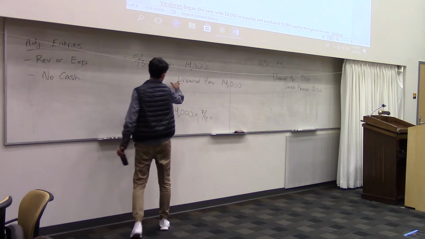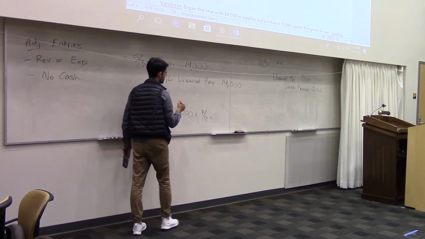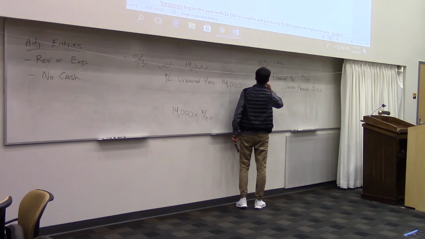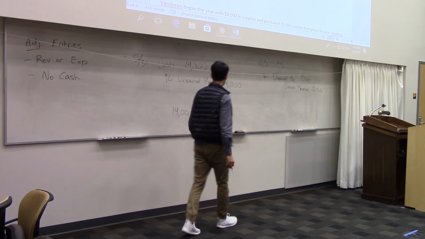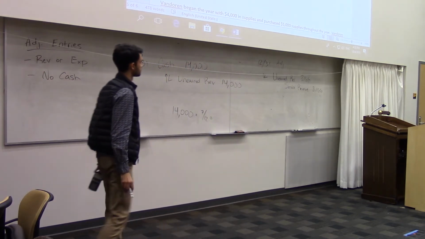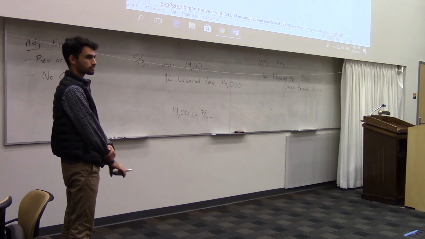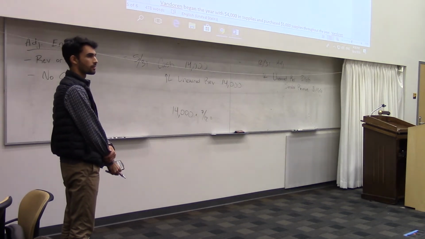Because remember, this is a liability. We're increasing the liability here. At the end of the year, after 7 months, we're going to decrease the liability by 7/12. Questions on that?